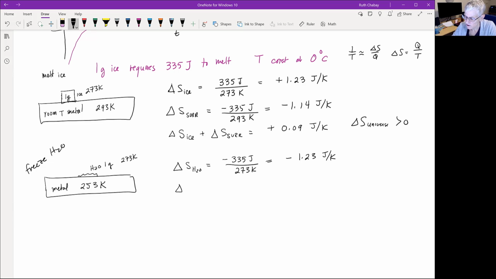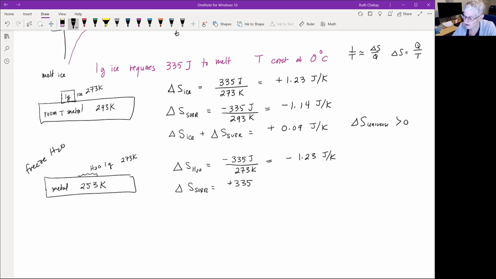Now the change in entropy of the surroundings. The metal block absorbed the energy that was lost from the water as it turned to ice. So energy flowed from the water into the block.